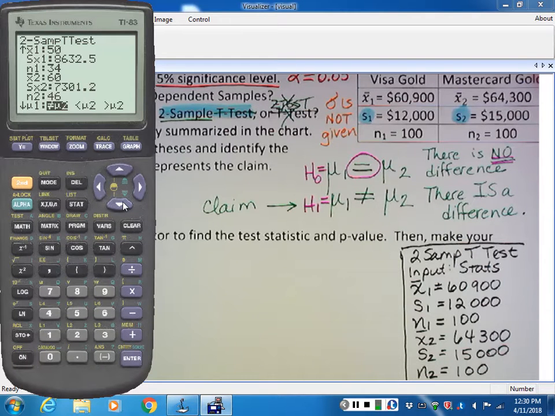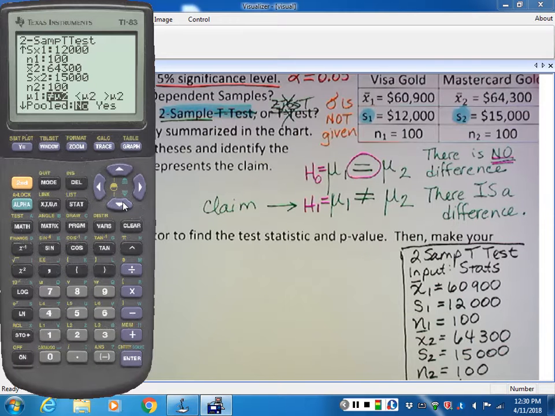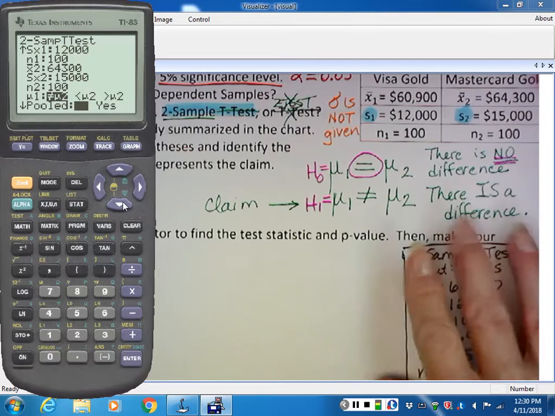And H1 says not equal to. And then it asks us questions that we didn't get asked before. I'm going to go to the next slide for a second.